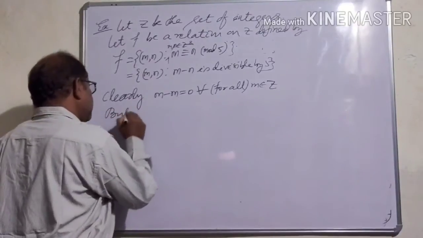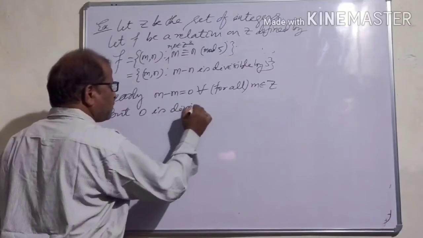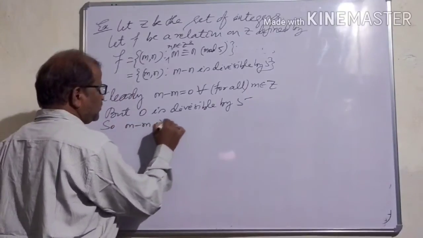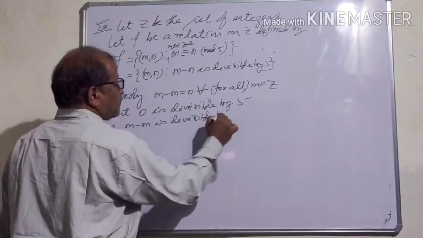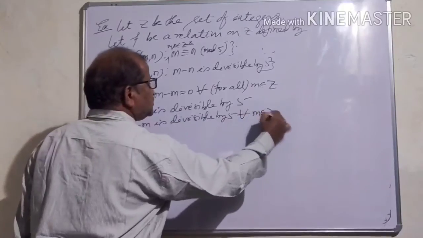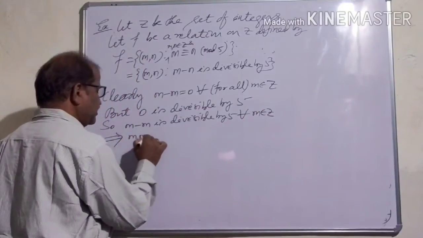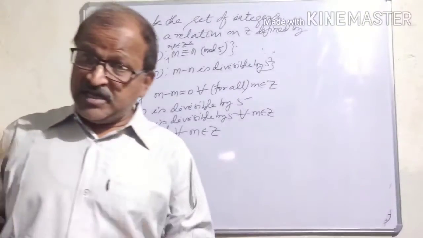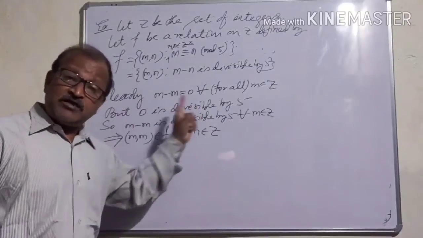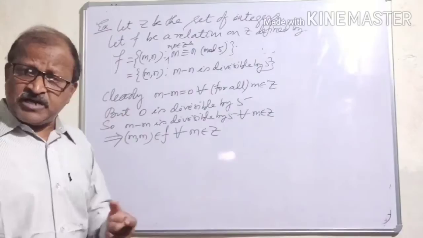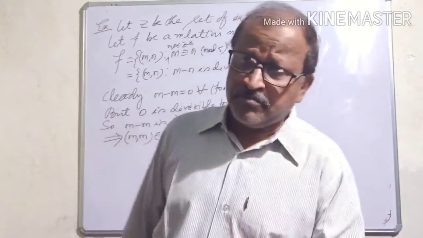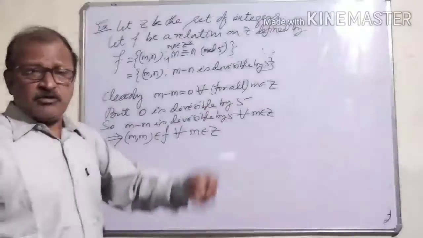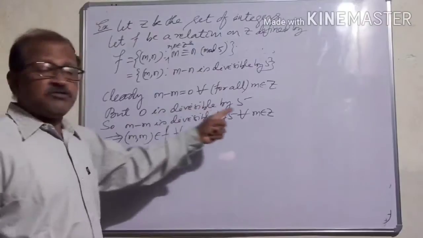But 0 is divisible by 5, so m minus m is divisible by 5 for all m belonging to Z, and this implies m is related to m for all m in Z. If m is any integer, then m minus m is 0, and you know that 0 is divisible by any positive integer. So 0 is also divisible by 5.